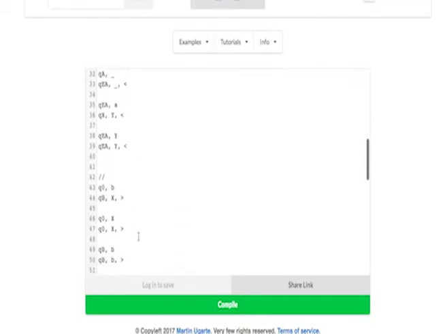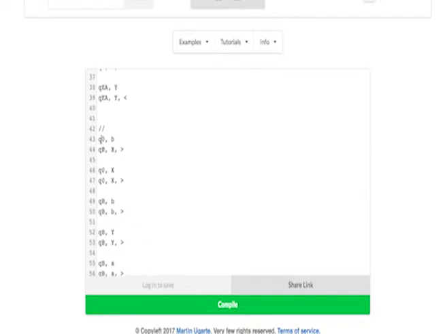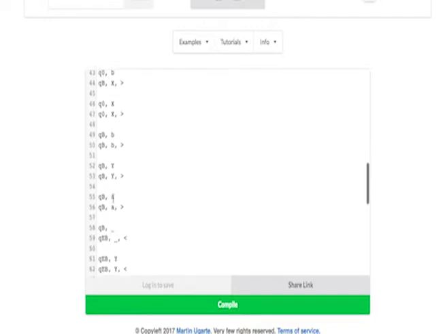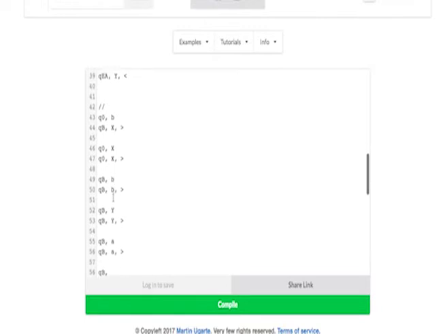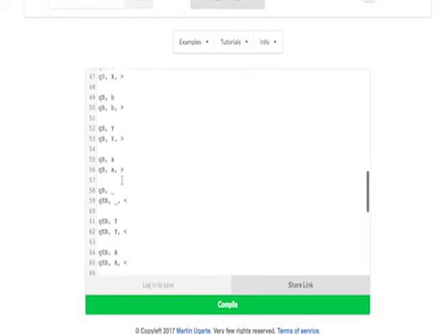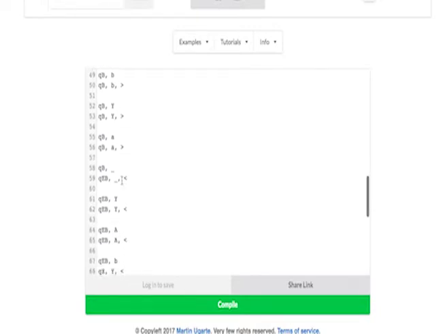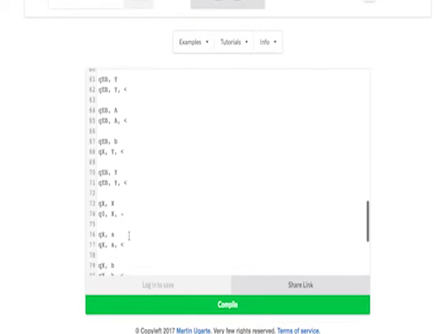And this is for the B, where you also do the same as an A. You mark the first symbol you see as an X, and its pair symbol as a Y, which is somewhere here.